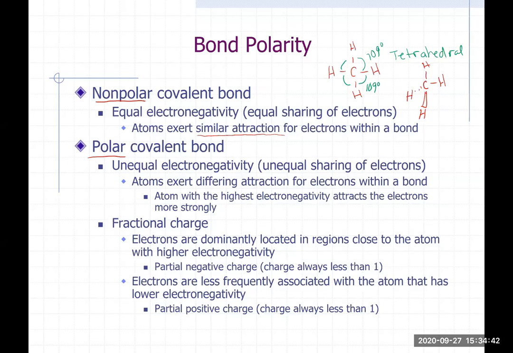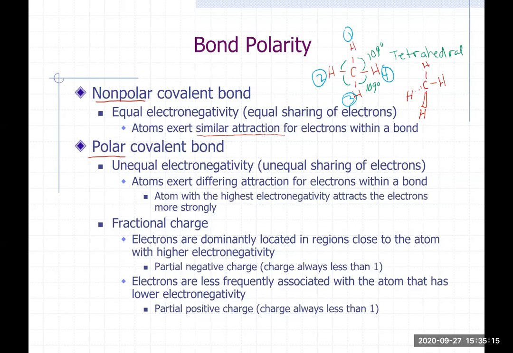That means that we have 4 outer ends to this structure. So when we talk about 4 outer ends, the carbon is in the middle. Here's one end sticking out. Here's 2 sticking out. Here's 3 sticking out. And here's 4 sticking out. That means that every one of the ends on this particular molecule are equivalent.